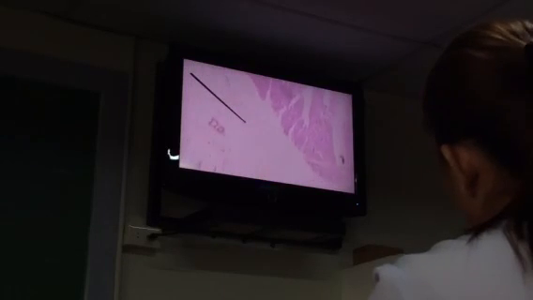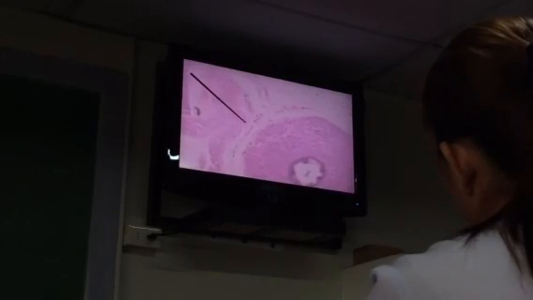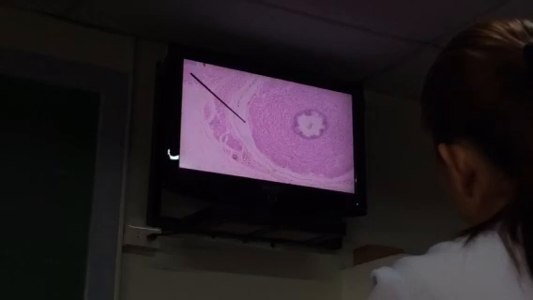The next slide is, of course, the vas deferens, which is 68. Now, the clue that you are in the vas deferens is that you are looking at a single structure with a very thick muscular layer. Ayan, look at that.